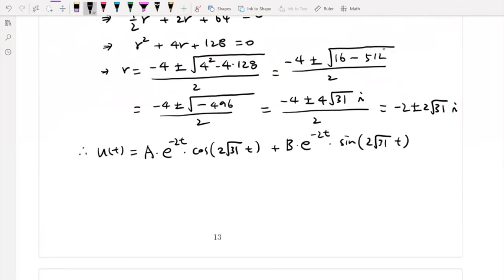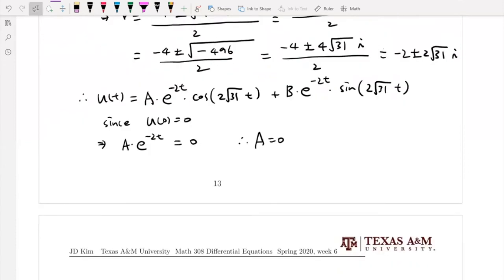Here we go. Since u(0) equals 0, the cosine part gives A times e to the minus 2t must be equal to 0. In other words, A equals 0, because the exponential function never equals 0.